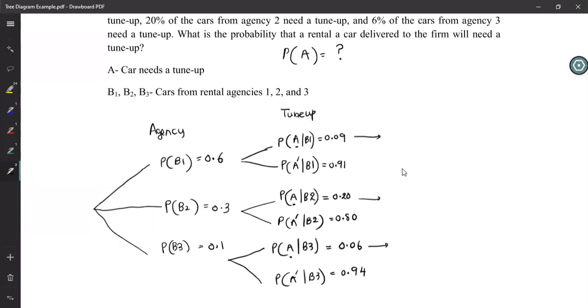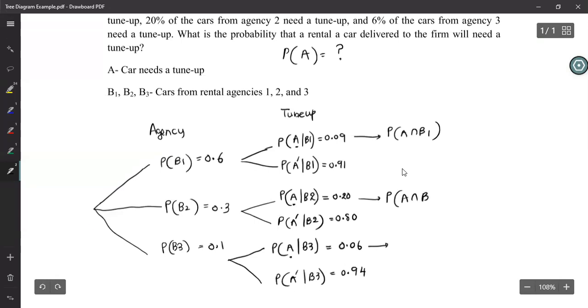You need P(A). So how does that come? P(A) comes from A and B1, A and B2, A and B3. What does that mean? The probability that the car needs the tune-up will be when the car is from B1, or it can be from B2, or when it is from B3.